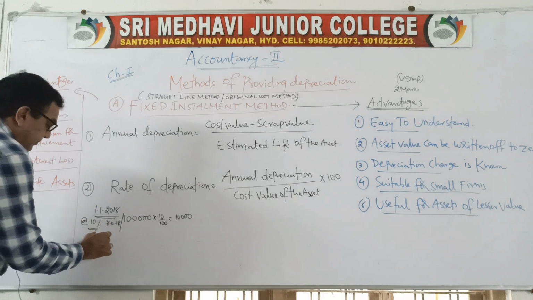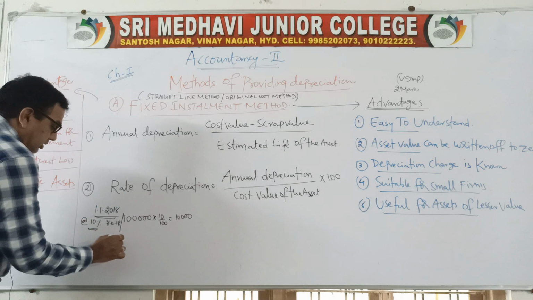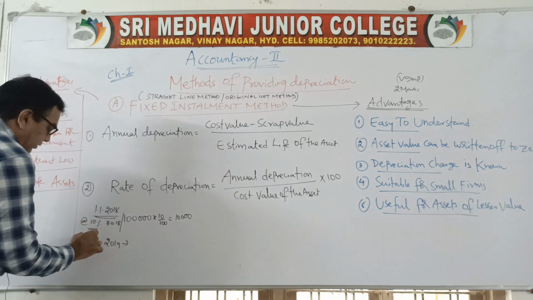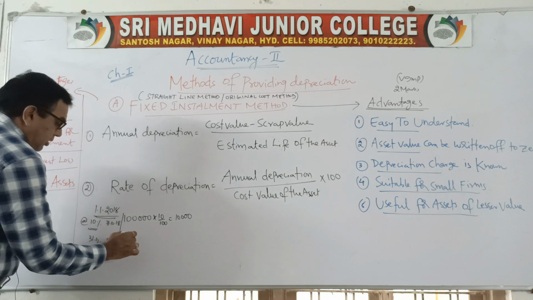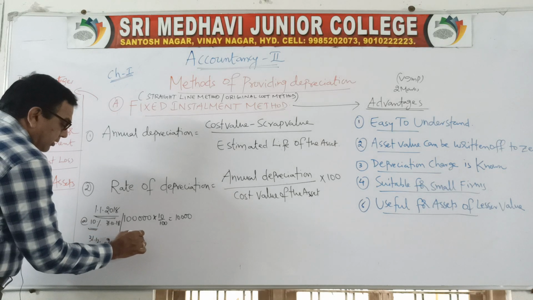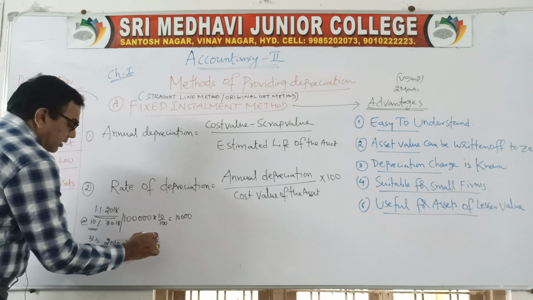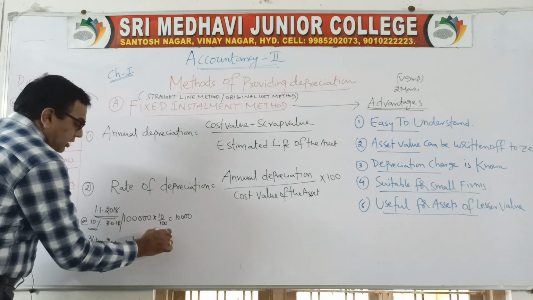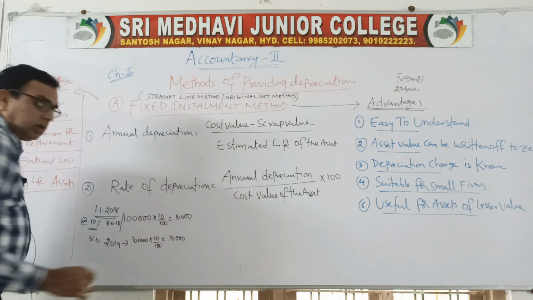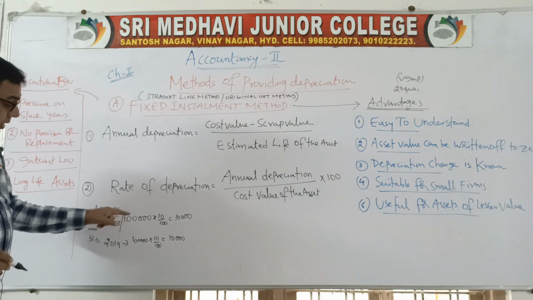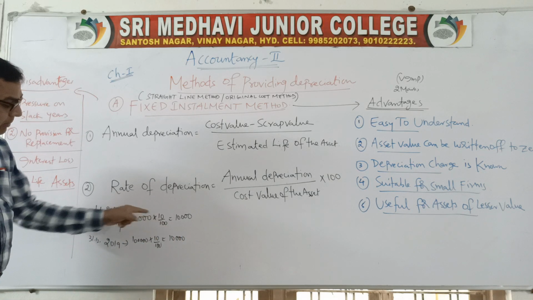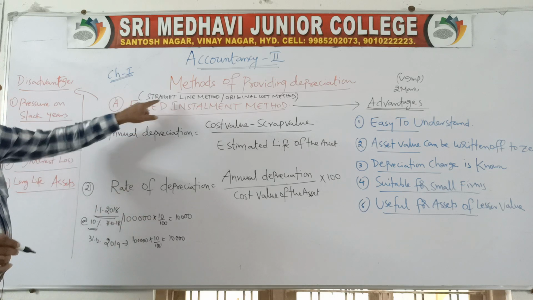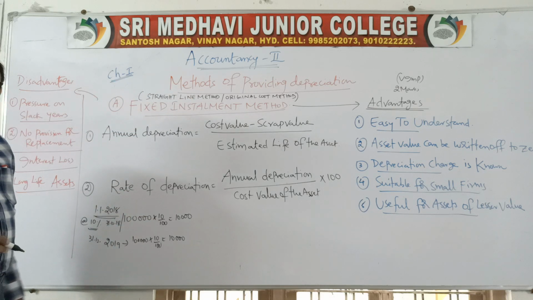In the second year, as on 31/12/2019 also, we calculate the same: 1 lakh into 10 by 100. What is 1 lakh? Original cost. Every year we are calculating depreciation on original cost only. That is why it is also called the original cost method.